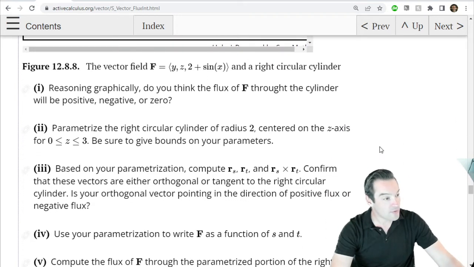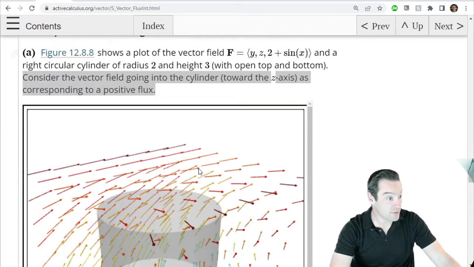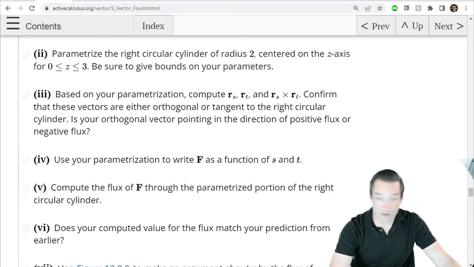And then once you've made that prediction, you'll parameterize this cylinder, and then compute that normal vector field, and then evaluate this flux integral. So it's the vector field evaluated on the parameterization r of s and t, dotted with the cross product of the derivatives of our parameterization, and then integrated in parameter space ds dt to compute the flux.